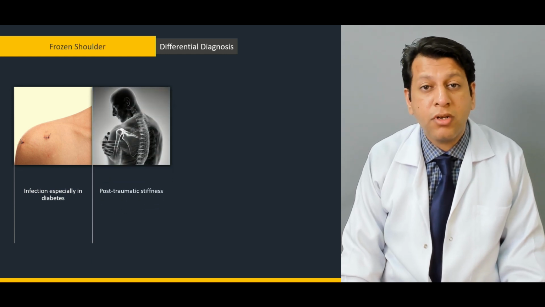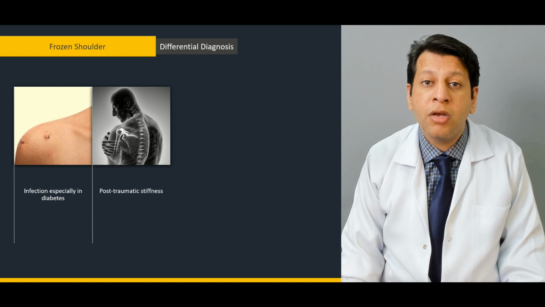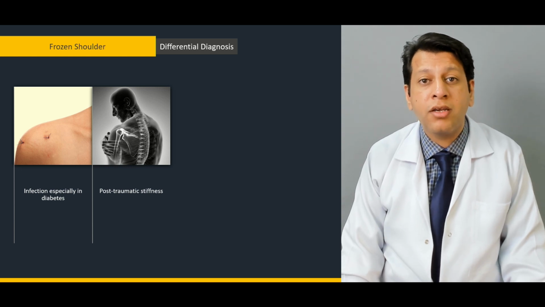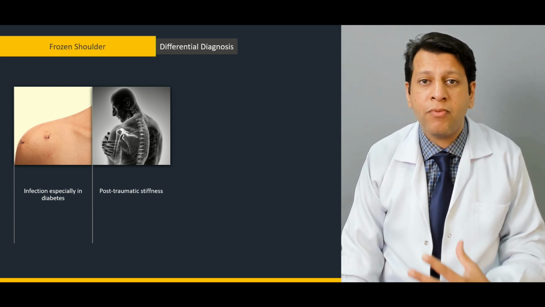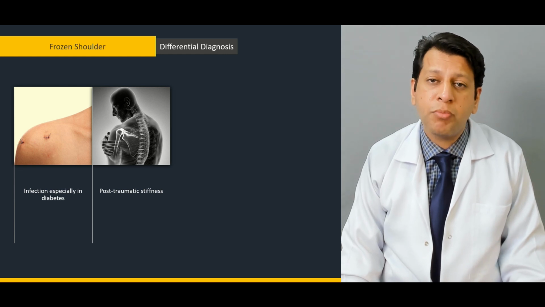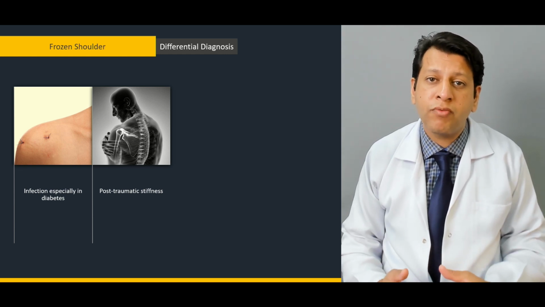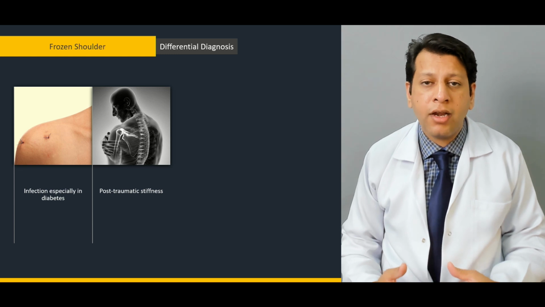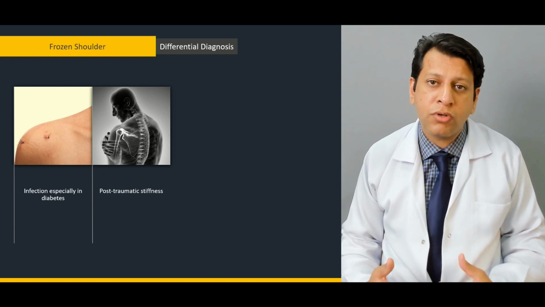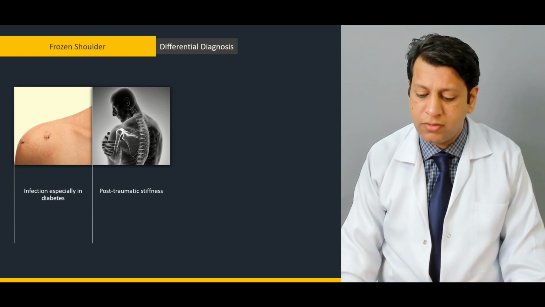Or it could be post-traumatic stiffness. The patient may have a history of a fall, which may have resulted in some form of soft tissue injury, and the patient has not moved his or her shoulder very much after that fall, and this has resulted in stiffness of the shoulder. It's not actually a frozen shoulder.